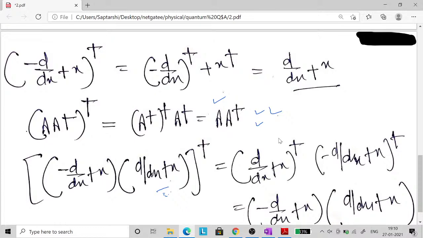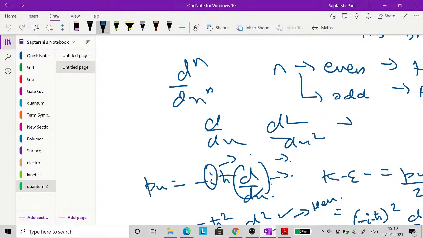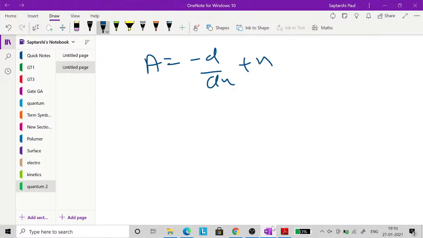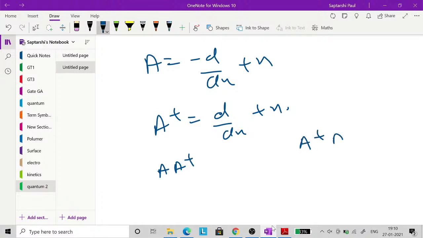So over here what is given is that A is equal to minus d/dx plus x and A dagger is equal to d/dx plus x. If it's Hermitian then A dagger dagger should be equal to A dagger. Right.